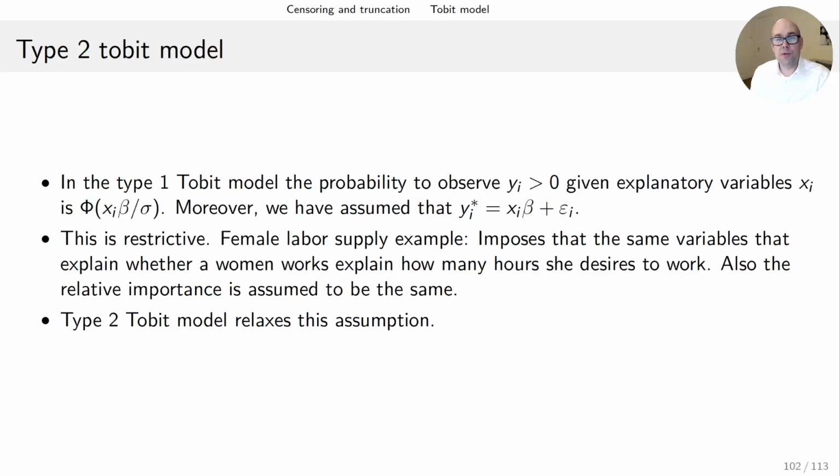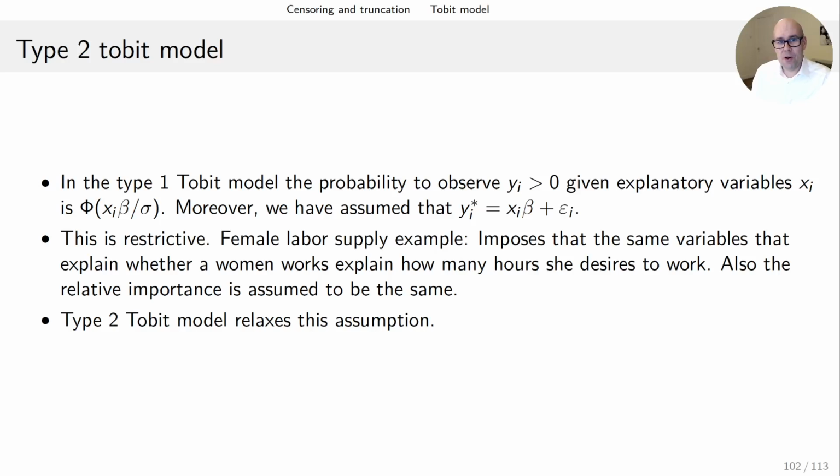And this already concludes the discussion of the type 1 Tobit model. As I said, very classical material that I think you should see once, also because it nicely links up to earlier discussions we had, in particular in the context of the Tobit model. There's an extension to the type 1 Tobit model, which is the type 2 Tobit model. Actually, there are multiple extensions.